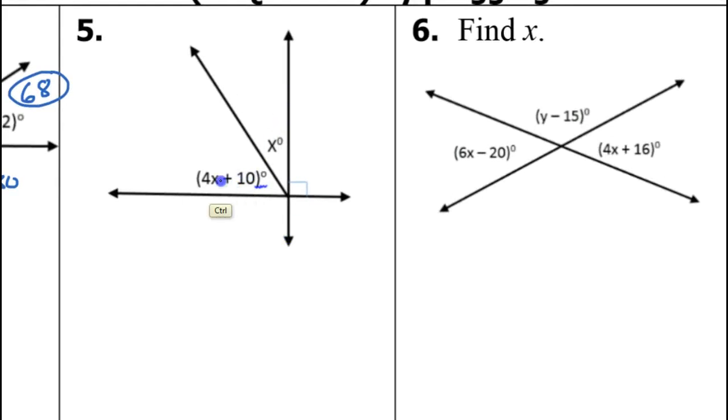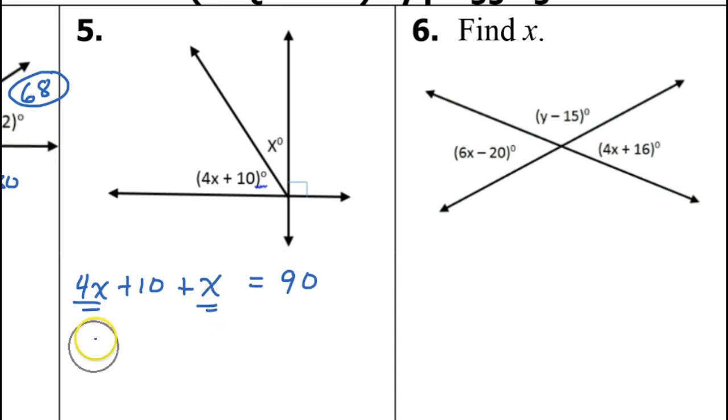All right, see how these two angles are nestled inside of a 90-degree angle? So they must add up to 90. So that's why I'm going to say 4x plus 10 plus x is equal to 90. Okay, combining like terms, that's going to give me 5x plus 10 is equal to 90.